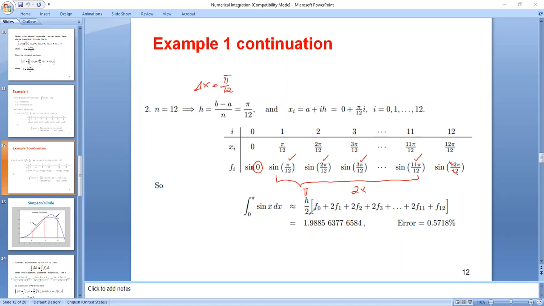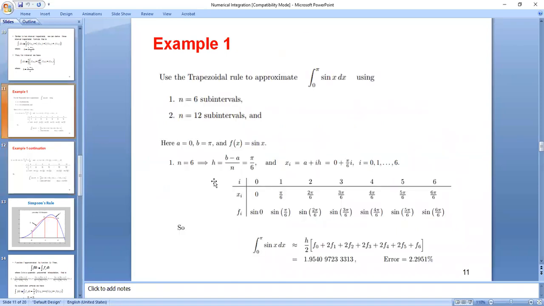So notice, class, just for comparison purposes, I'd like to clear my markings. The one that used 12 divisions has an answer which is 1.9885. The one that used only 6 divisions is 1.9540.